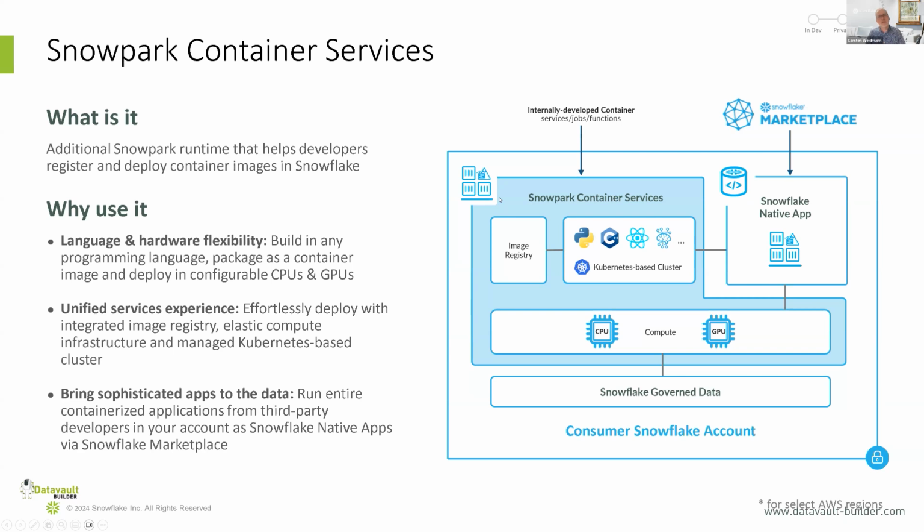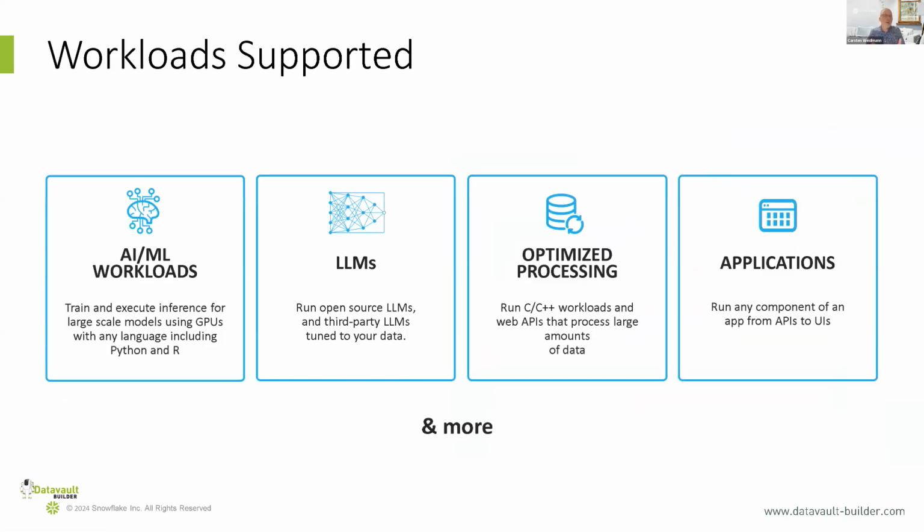So what are typical use cases, or workloads as we call them, that can be executed using Snowpark Container Services? One very big hot topic is of course the AI/ML workloads, where you can run dedicated inference or training on GPUs, which was not possible before with our regular warehouses that had just CPUs.